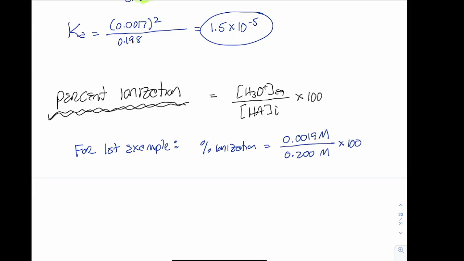So grabbing my calculator, hopefully you guys play along. And I get 0.95%.